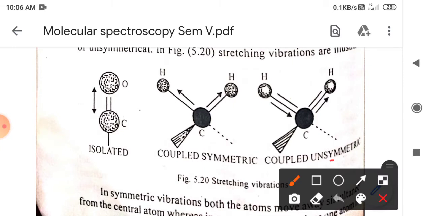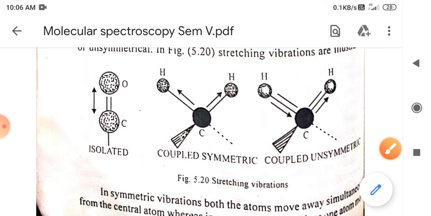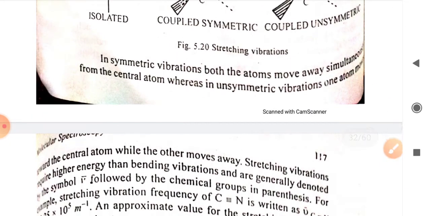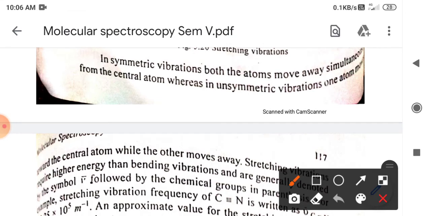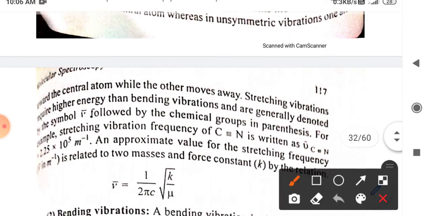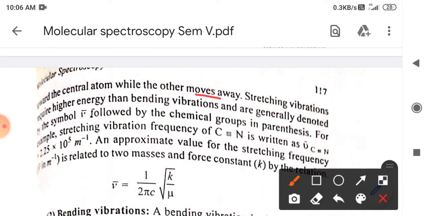But in the unsymmetric one, one is moving in this direction and another one in that direction, so overall we get an increase in the vibrational motion for the given molecule. In symmetric vibration, both atoms move away simultaneously from the central atom, whereas in unsymmetrical vibration, one atom moves towards the central atom while the other moves away from it.